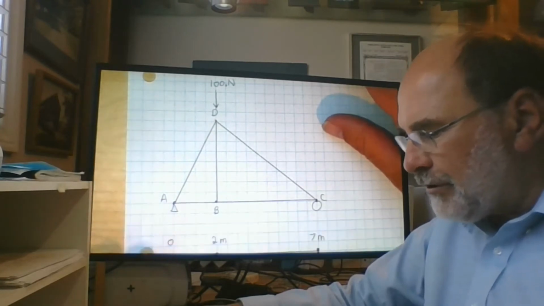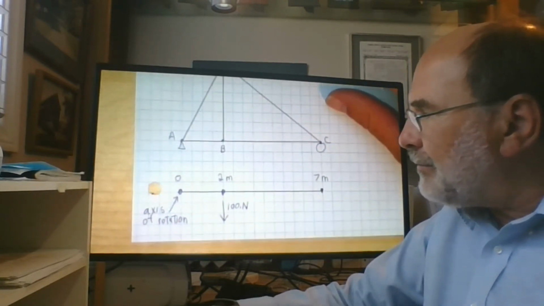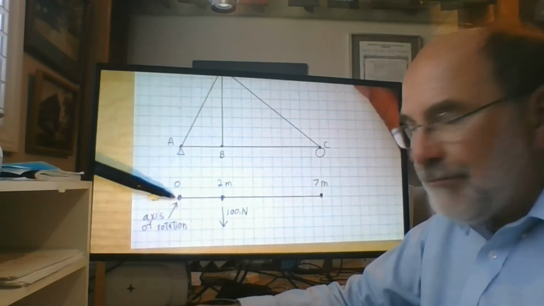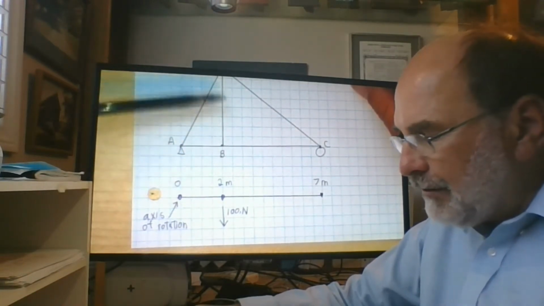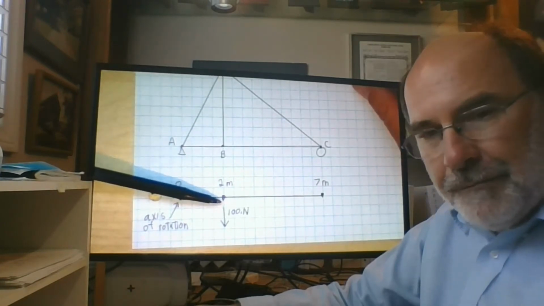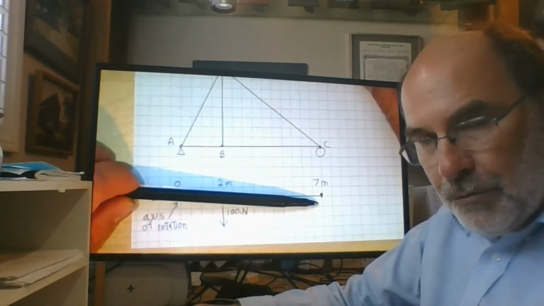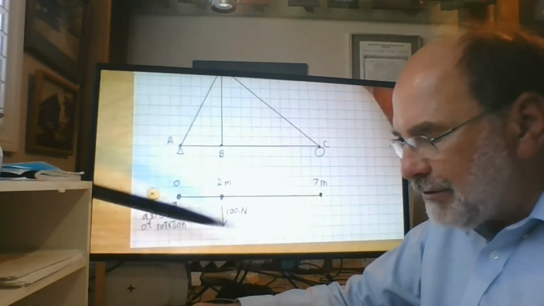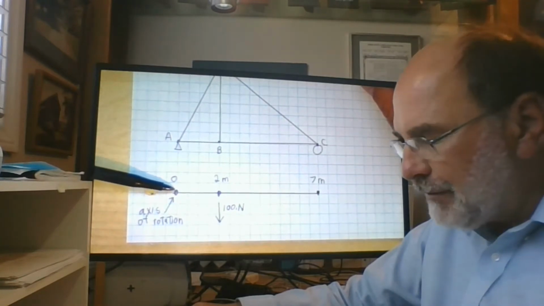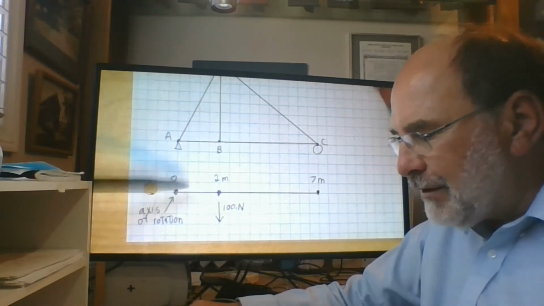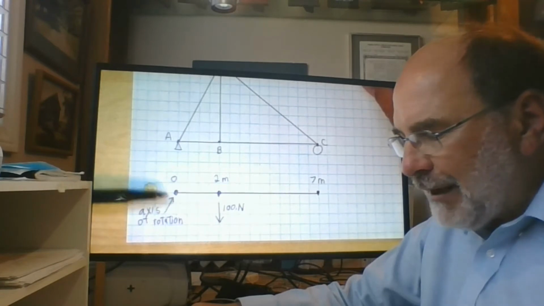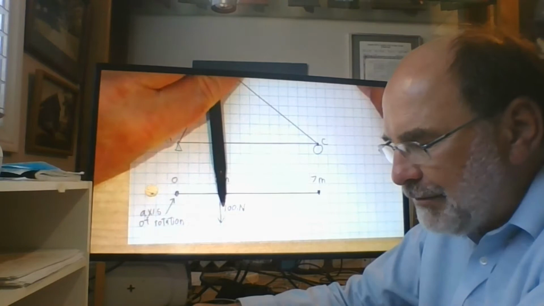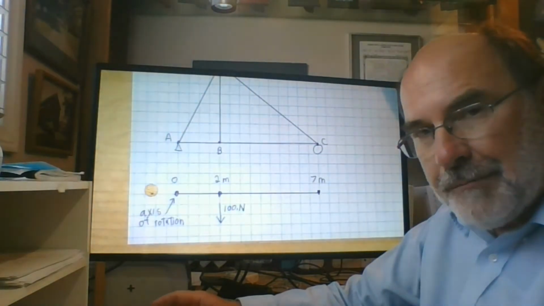So I've redrawn this, showing how I would approach the reaction force calculation. I would put my axis of rotation at point A, the load applied at 2 meters, and a reaction torque or moment applied at 7 meters from the axis of rotation. So moment is the distance from the axis of rotation to the point of application of the force, of course, times the force times the sine of the angle between them.